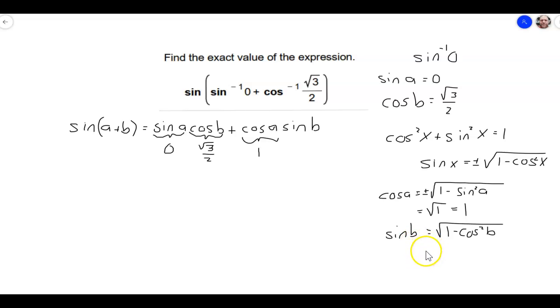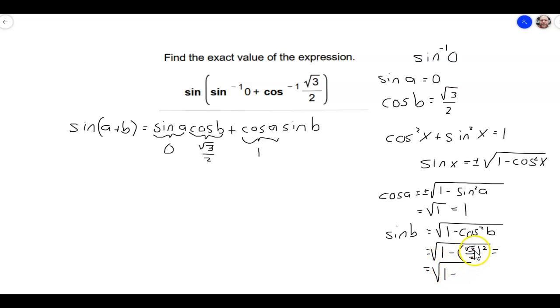So this is equal to the square root of 1 minus the square root of 3 over 2, squared.